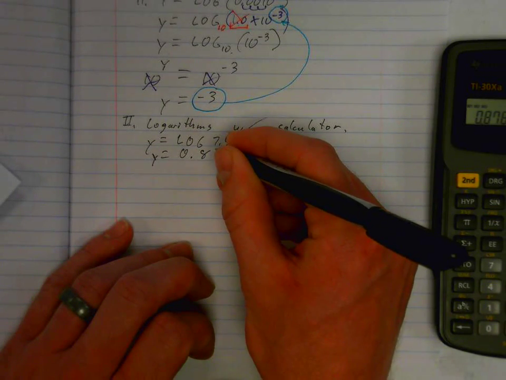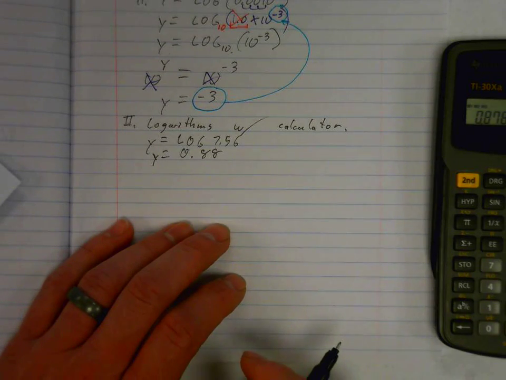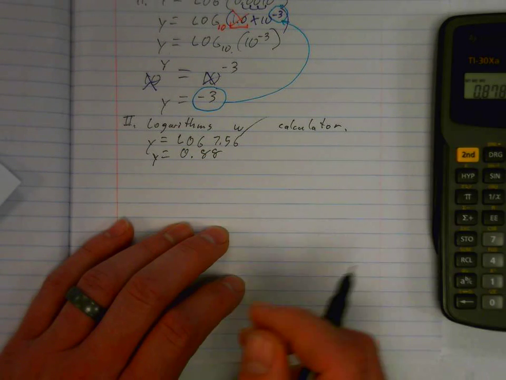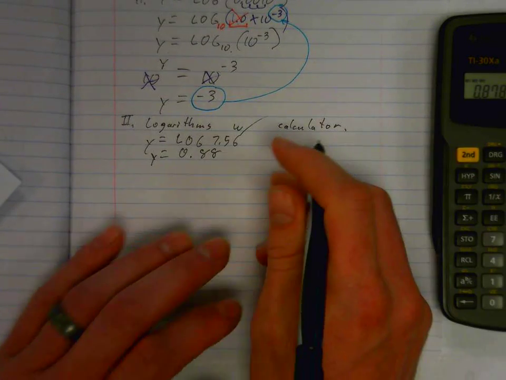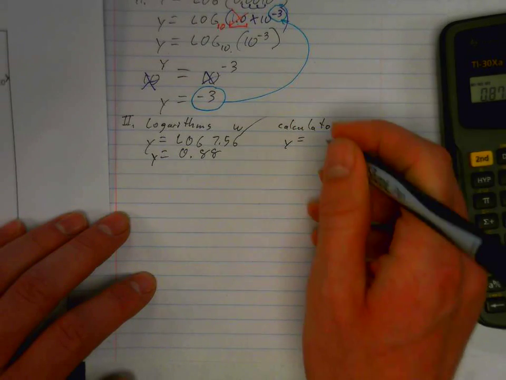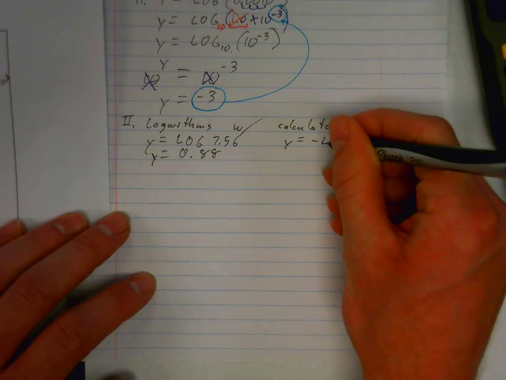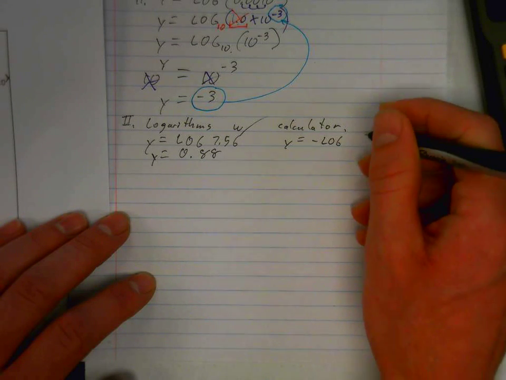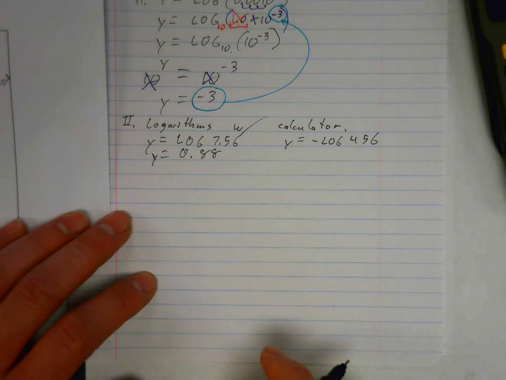Okay, then next we have this problem. Y equals the negative log of 456. Again, use your calculator.